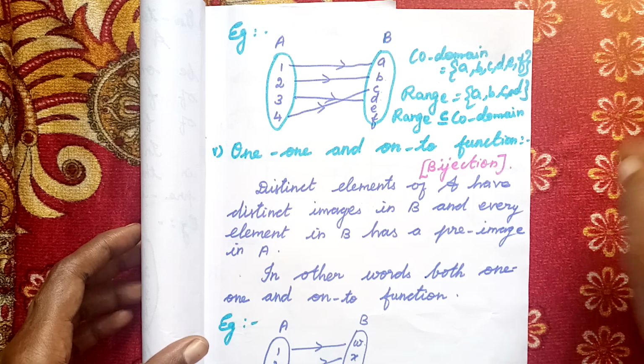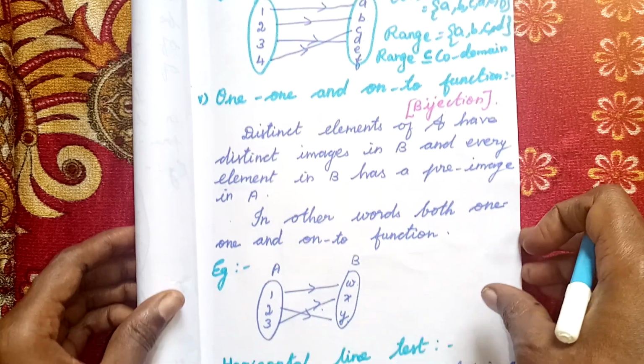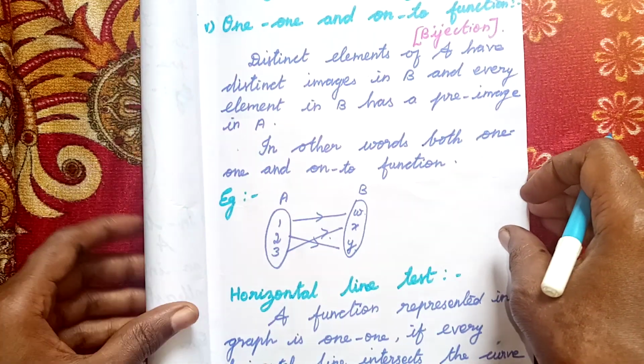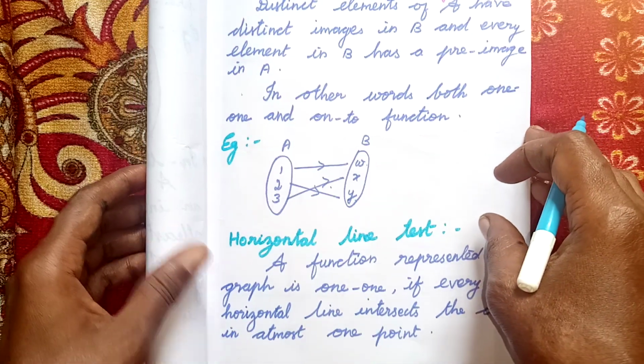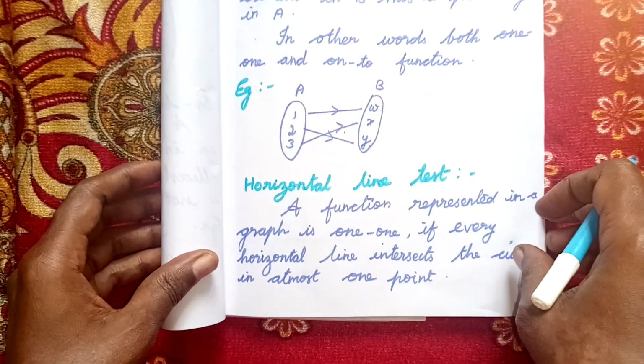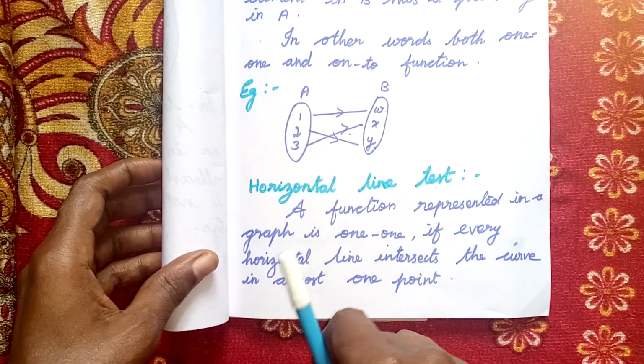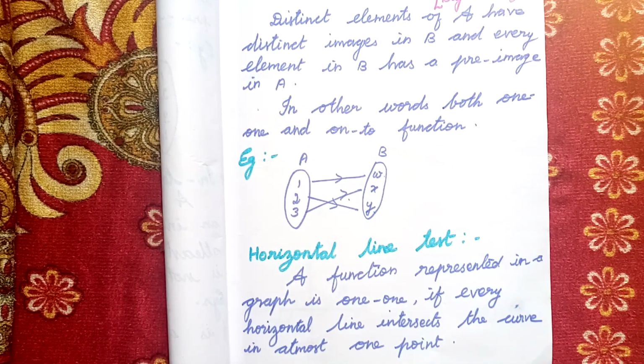Now I am going to explain the horizontal line test. After explaining, we can see the problem. Already in the previous classes you have learned about the vertical line test. When do we use the vertical line test? To find out whether the given relation or graph is a function or not.